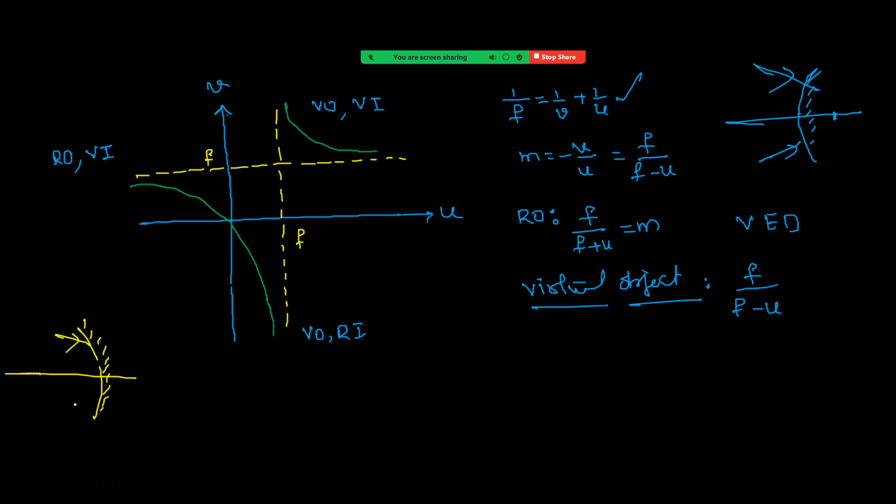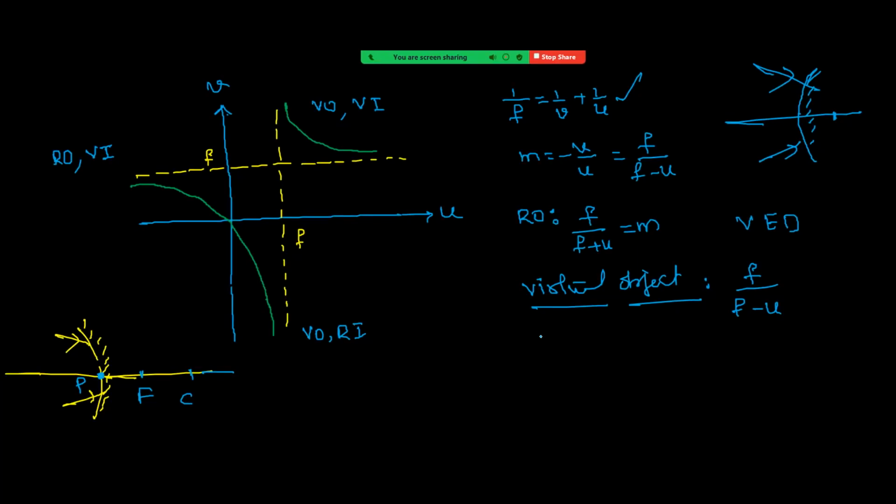Converging beam falls on the mirror. This converging beam may converge, when we extend back, between pole and focus, or between focus and center of curvature, maybe beyond center of curvature, right? I will take now all cases here.